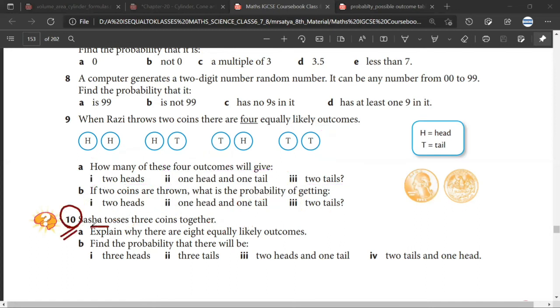Question 10. Sasha tosses 3 coins together. Explain why there are 8 equally likely outcomes. Now she is throwing 3 coins. So let us try to understand what she is doing.